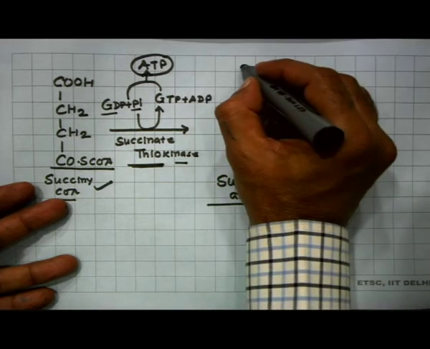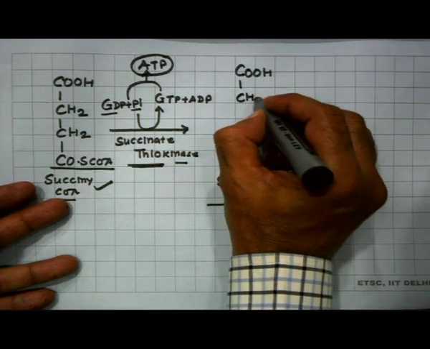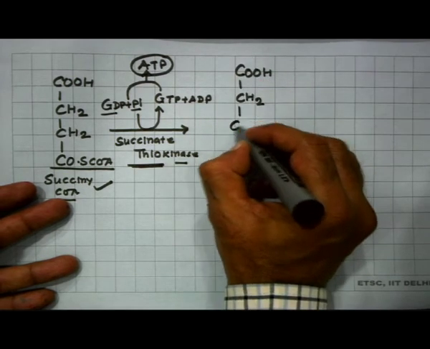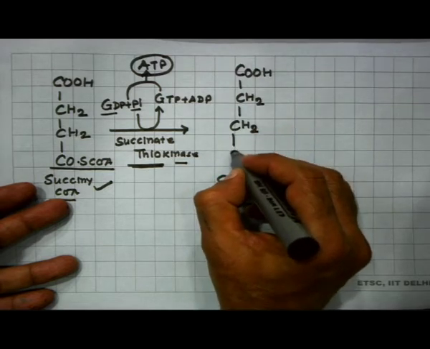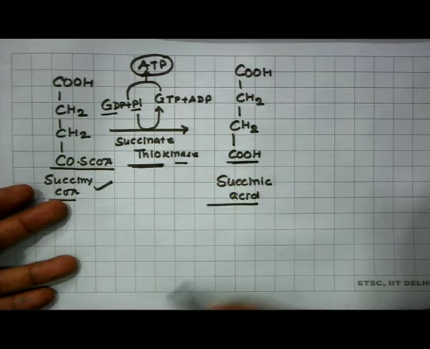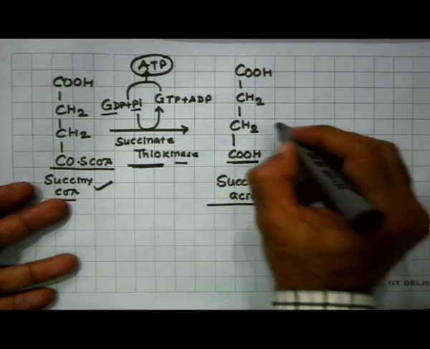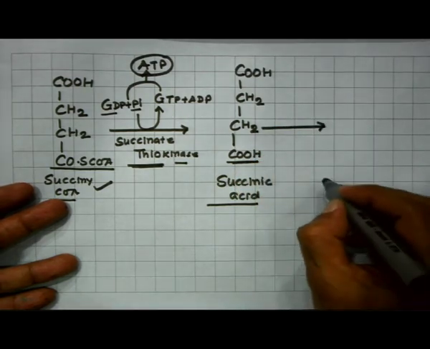The formula of succinic acid is COOH, CH2, CH2, COOH. This is the formula of succinic acid. Now, from the succinic acid, there is the formation of fumaric acid.